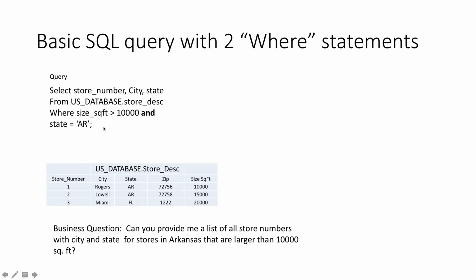What it's going to do is evaluate both conditions to return data. So it'll find all rows where size square feet is greater than 10,000. Oh, so we have these two rows. Then it's going to evaluate, all right, where state equals Arkansas. It's going to eliminate this row and it'll return this row. Voila.